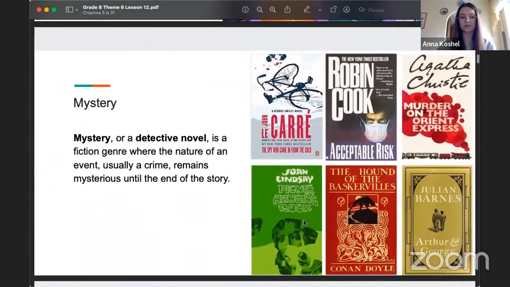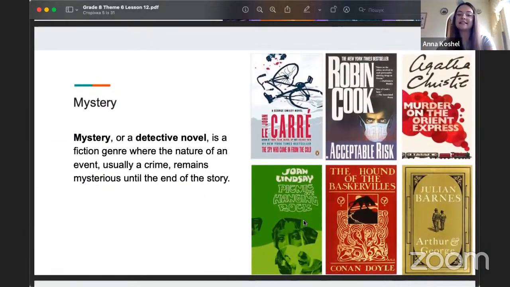It's a mystery, or also they are called detective novels. This is a fiction genre, which means it's not based on a true story.